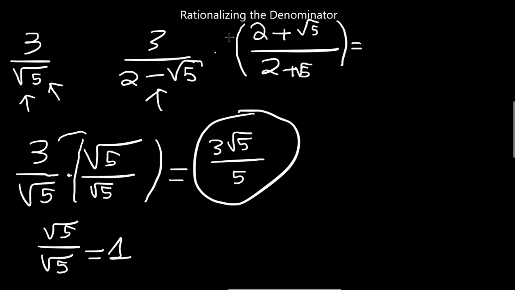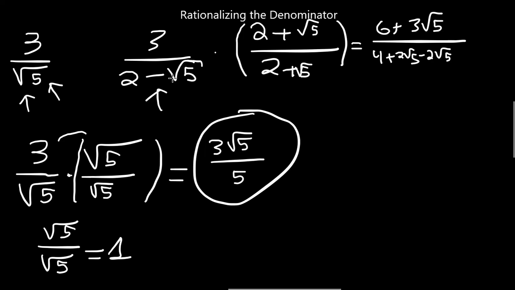So here we'll have 3 times 2 is 6, plus 3 times square root 5 is 3 square root 5. Let's see what happens down here. 2 times 2 is 4. 2 times square root 5 is 2 square root 5. Negative square root 5 times 2 is minus 2 square root 5.